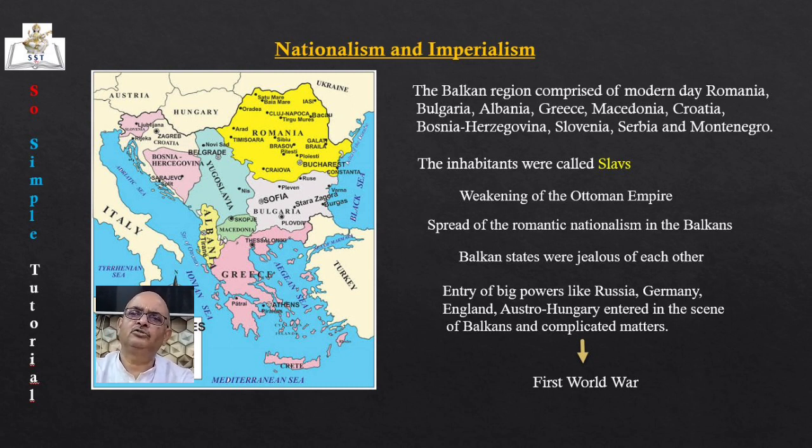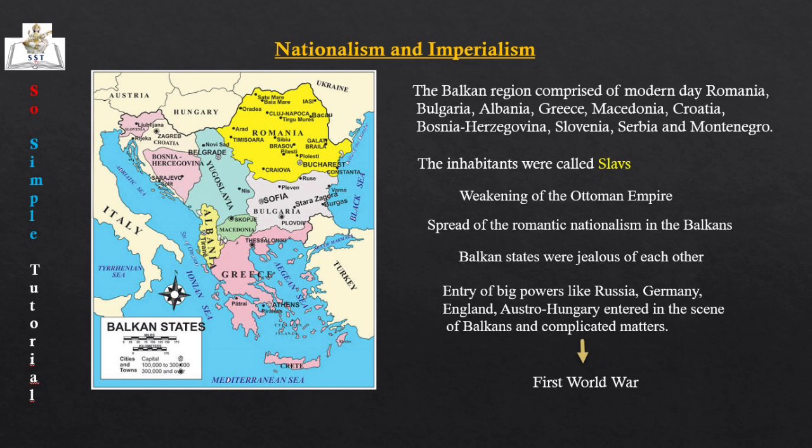Nationalist struggles began to spread in the region because of two reasons. First, weakening of the Ottoman Empire. All through the 19th century, the Ottoman Empire tried to strengthen itself through modernization and internal reforms, but it did not achieve any success. So one by one, its European subject nationalities broke away from its control and declared independence.